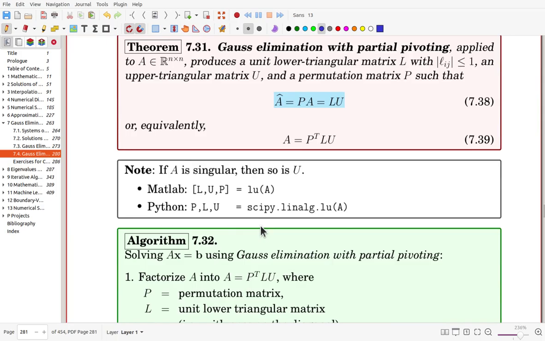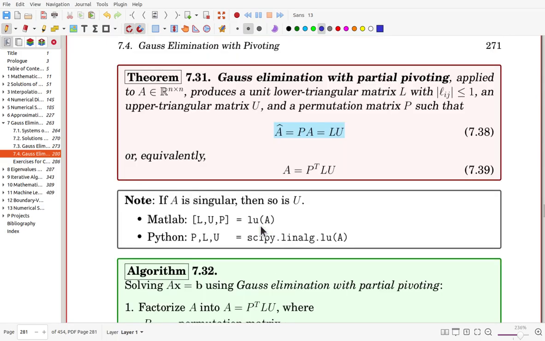Gauss elimination with partial pivoting applied to a square matrix produces a unit lower triangular matrix L, an upper triangular matrix U, and a permutation matrix P, such that PA can be LU factorized, LU.